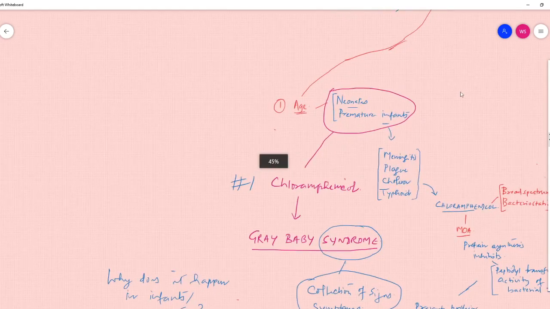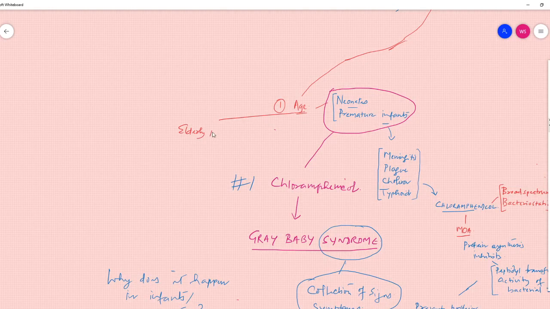Okay, so let us consider another thing related to age, in elderly people. In elderly patients, they have decreased renal function.